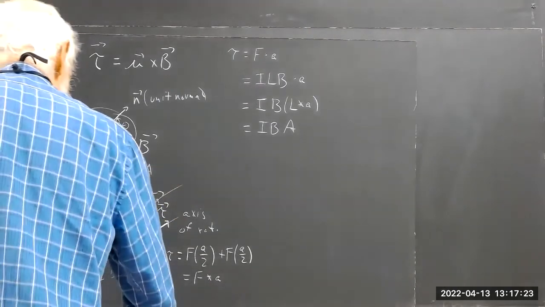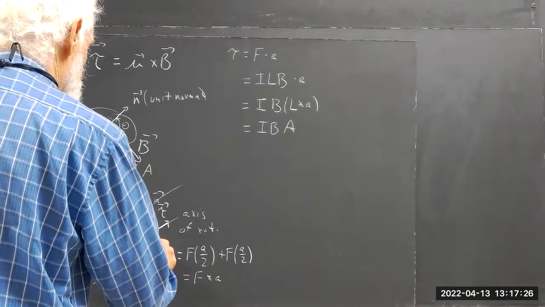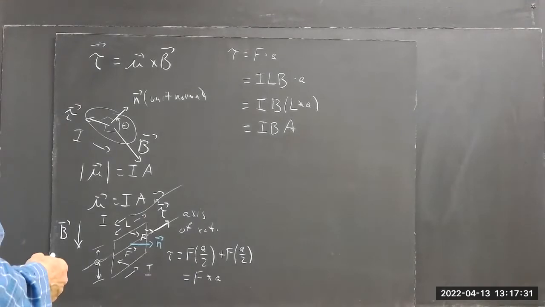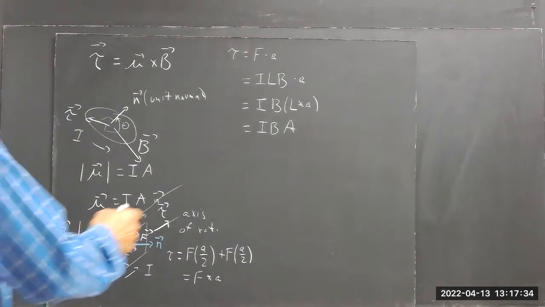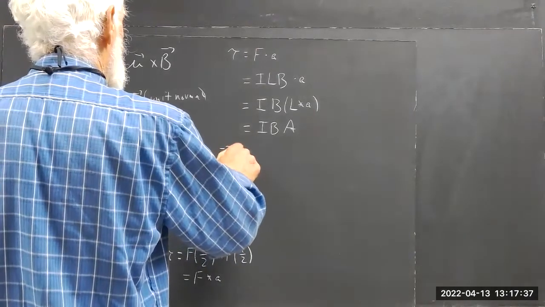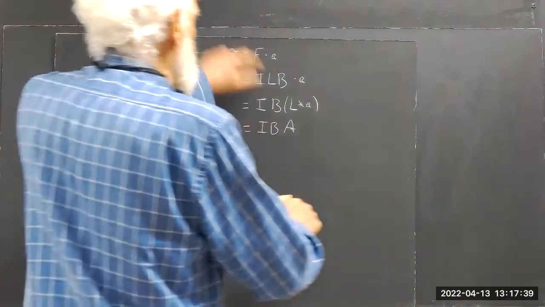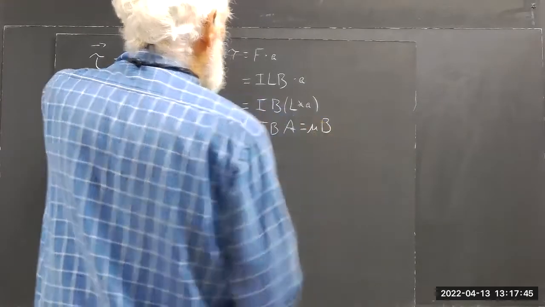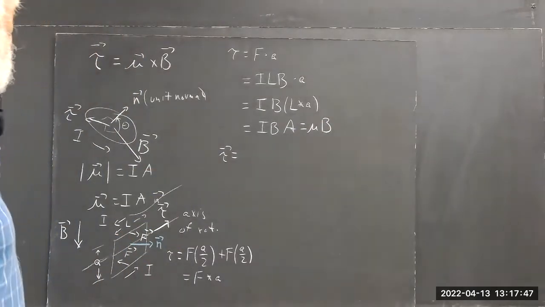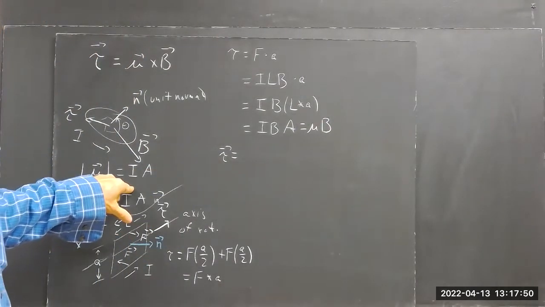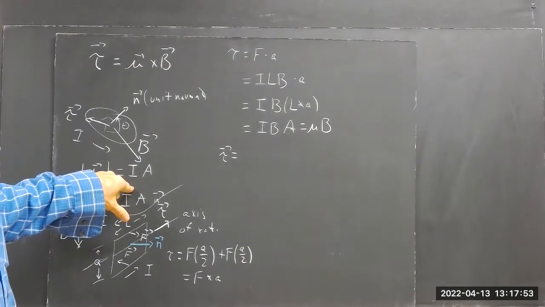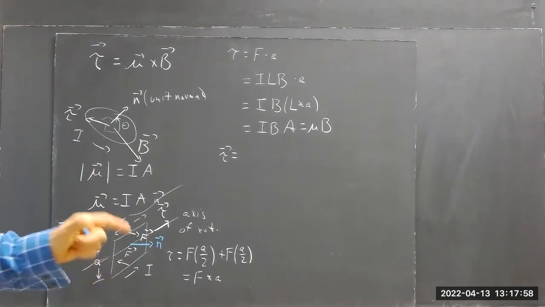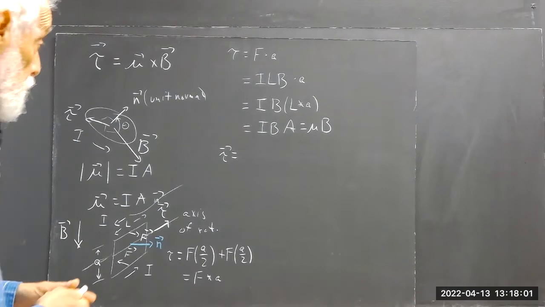So your vector torque, ILB times A, is equal to mu B if the magnitude of mu is IA, right? It's a pretty easy model, but you got to understand torques and directions.